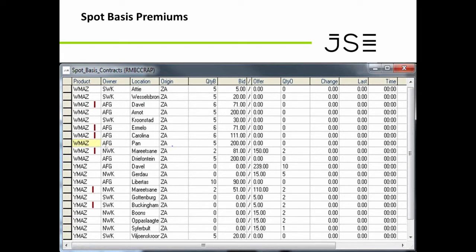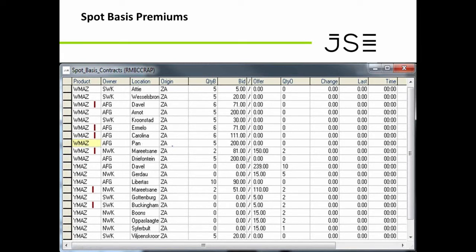And then you find a location like Pan, belonging to Avgri, which was attracting 200 Rand. This is 200 Rand per ton over and above the 1,900 or the 2,000 Rand, which is the futures closing price. So it's a very attractive premium, as you can see, that a willing buyer is trying to secure maize, white maize in this case, at that particular location.